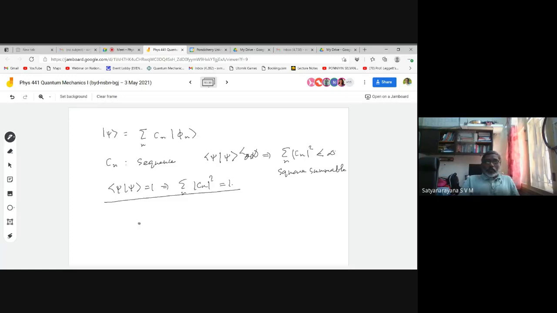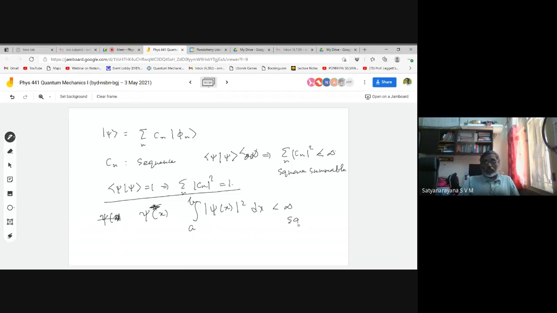Now, on the other hand, if you have a coordinate basis wave function, psi of x, then I have the integral from a to b of |psi of x|^2 dx, and if it is L square AB, this should be less than infinity for it to be normalized.